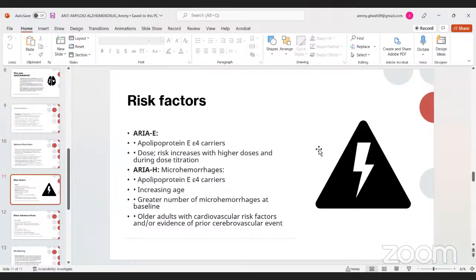And patients who get ARIA-H, which is the microhemorrhage, are also apolipoprotein E carriers, with increasing age, greater number of microhemorrhages at baseline, and older people with cardiovascular risk factors or evidence of prior cerebrovascular events. So it is important that we check the apolipoprotein E before we start the medication.